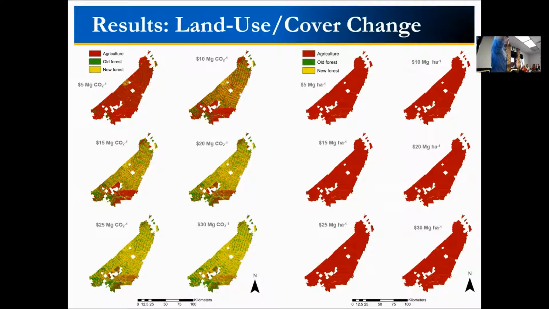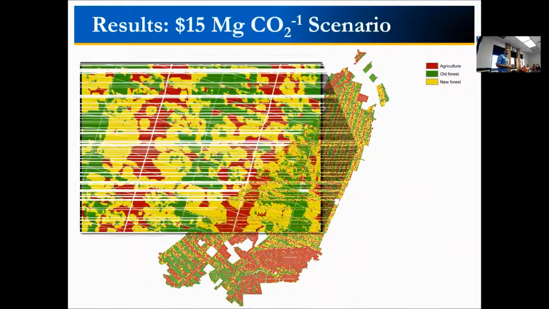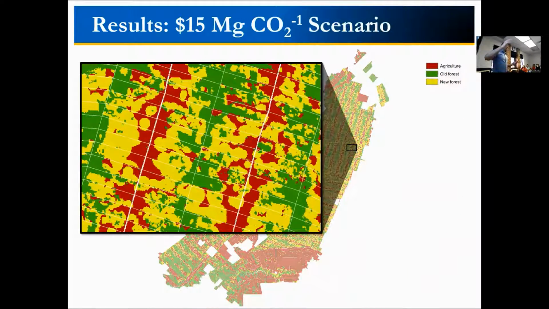But these are payments on CO2. When the payments are based on hectare of forest, we see that there's not much change. Meaning that the farmer is looking at that option and saying, you know what, I'm better off with agricultural production.